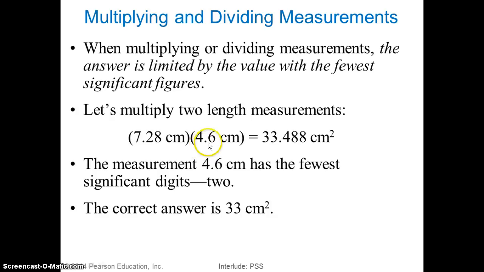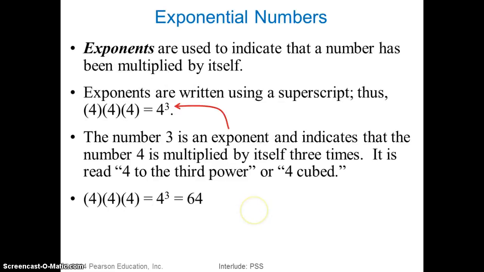In those 2 measurements, 2 significant figures is the least, so we round the number to 2 significant digits. Right now we got 33.488 in our calculator, but when we round to 2 significant digits, it is 33 centimeter. That way we can apply rules in multiplying and dividing. In the next video, we'll talk about exponent numbers.